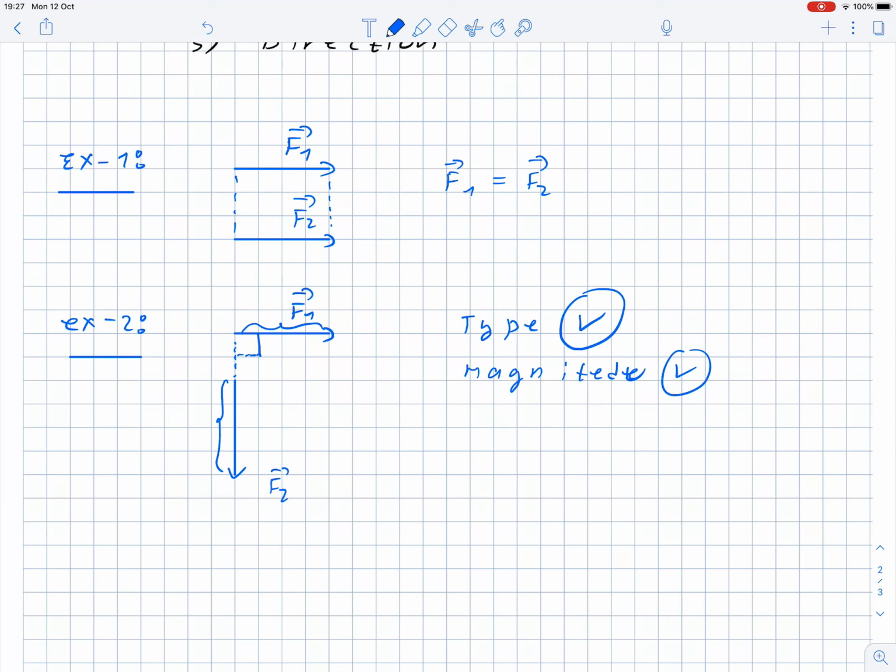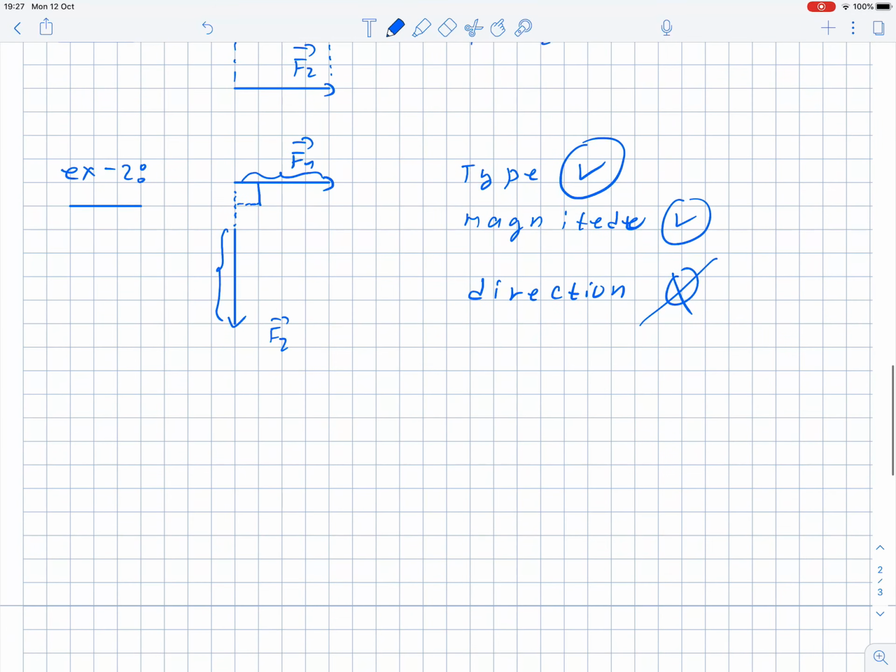Check. But the direction is different. So if the direction is different, we cannot say those vectors are the same, which means that vector F1 is not equal to vector F2.